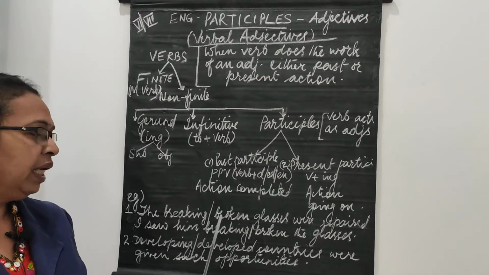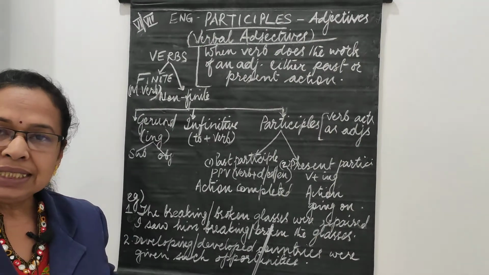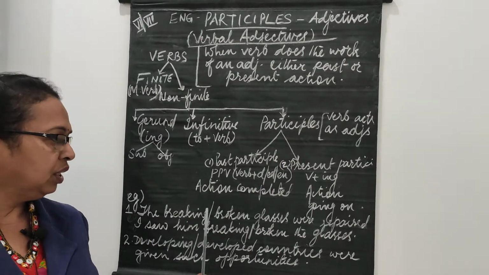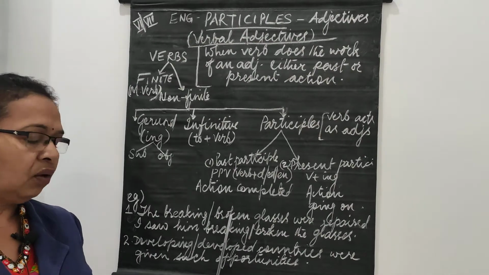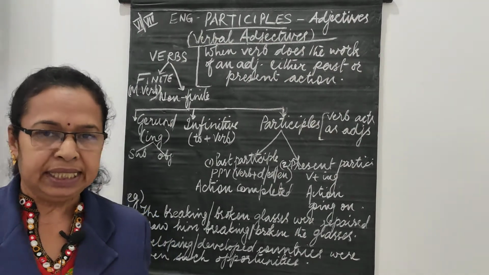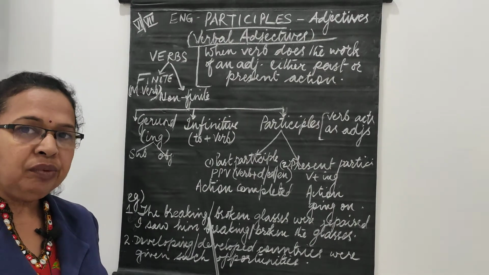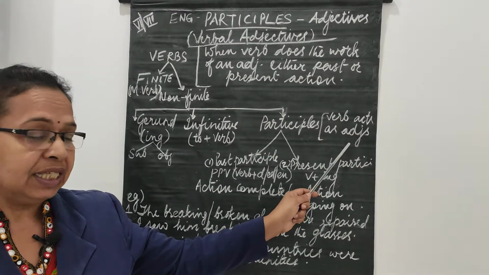The action is breaking or broken, the word. Glass is the noun. So these are the two words that are used as an adjective over here. Here break, breaking or broken is the verb in the sentence. So this verb does the action of an adjective, or it acts as an adjective.